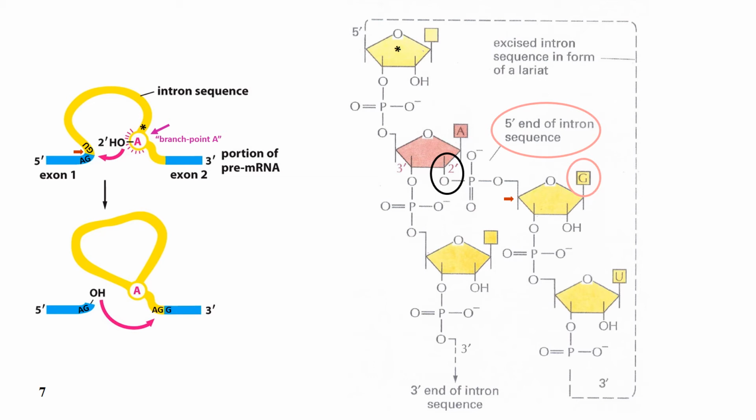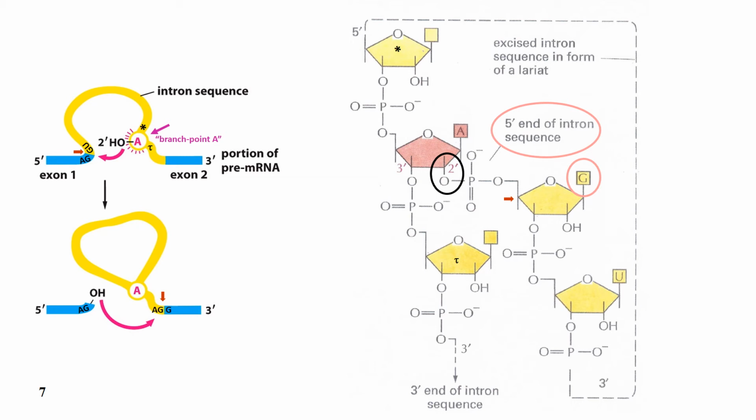To orient yourself within this figure, there's an asterisk that I've highlighted that is upstream of the branch point A, and I've put a little T in the nucleotide that is downstream of that branch point A. The second transesterification reaction is going to be between the hydroxyl group that is on the 3' end of the upstream exon, and that hydroxyl group will interact with the phosphate group that is on the 5' end of the downstream exon.